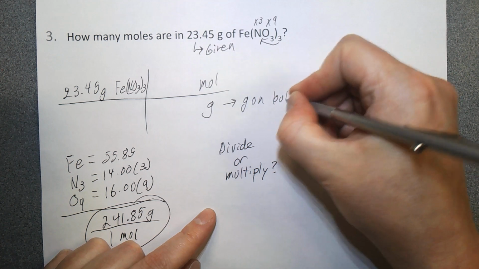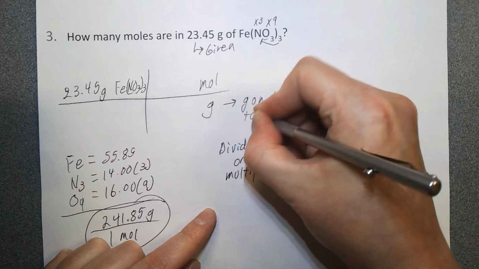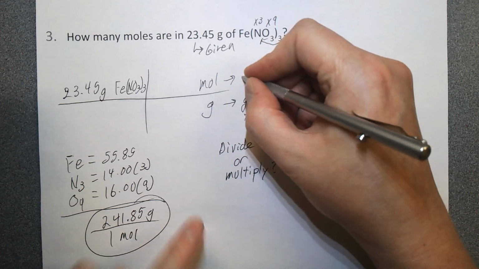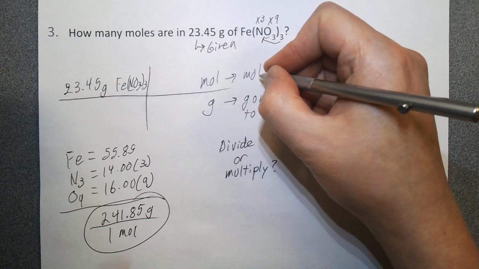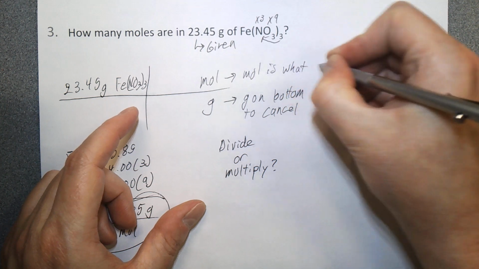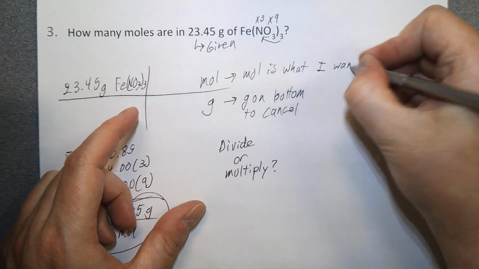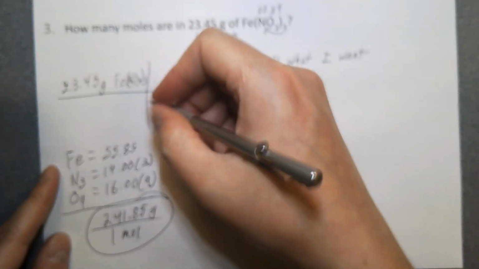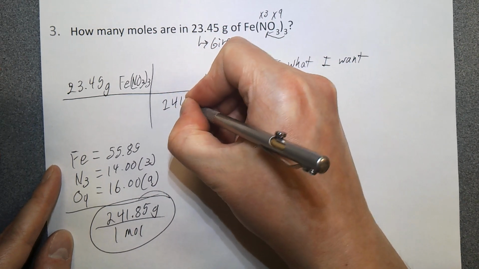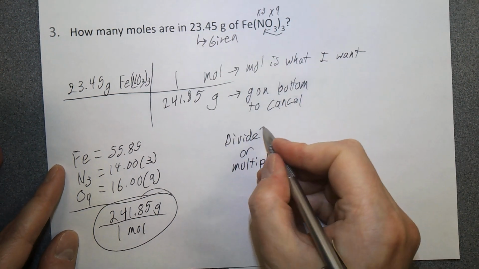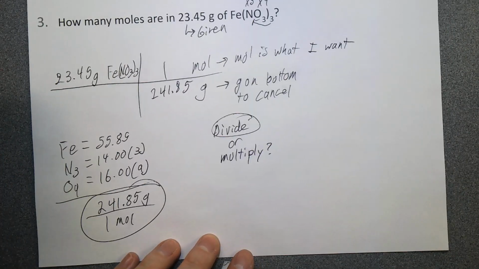Grams are on the bottom, so the grams cancel. And we're going to put mole on top because that's what we want. And the 241.85 goes with the grams, and 1 goes with the mole. So this time we are doing division.